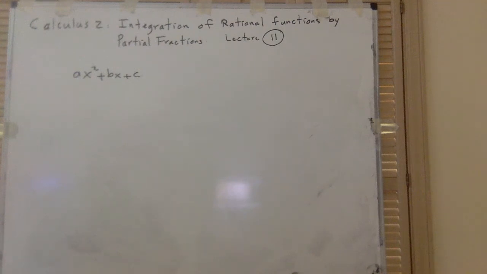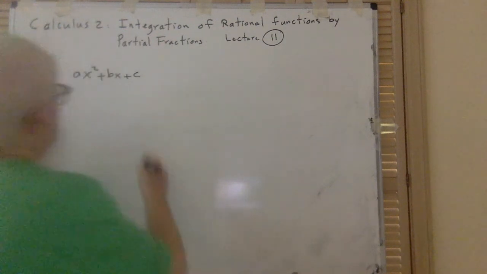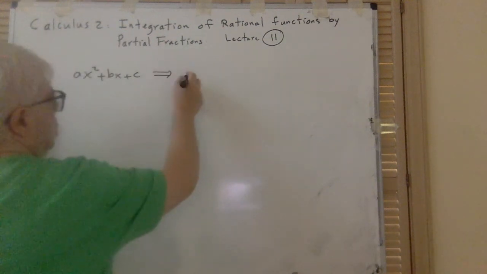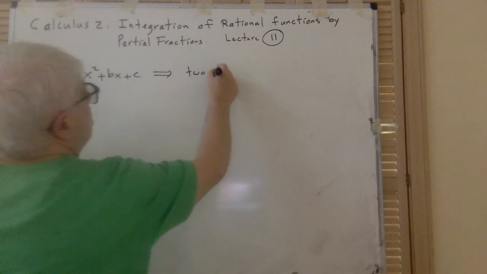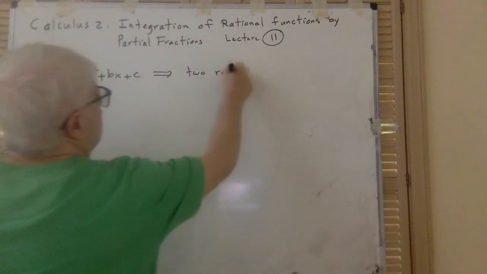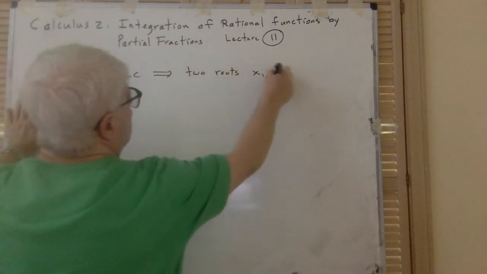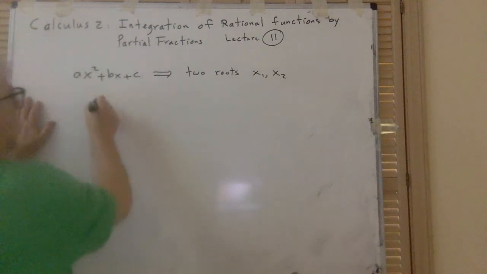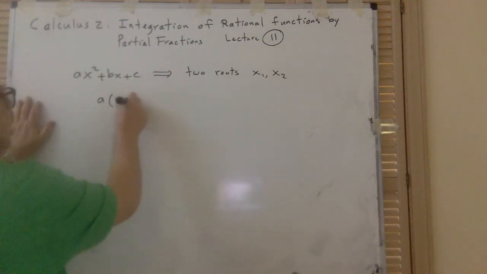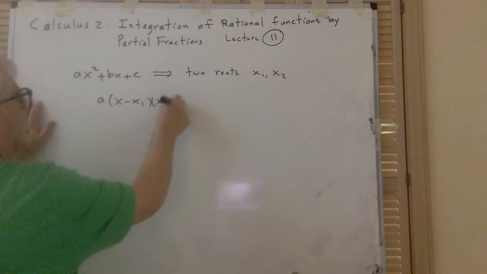But the two factors might be something like this. So this gives me two solutions, two roots, say x1 and x2, right? So this will be x minus x1 times x minus x2.